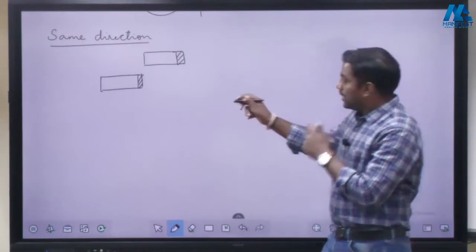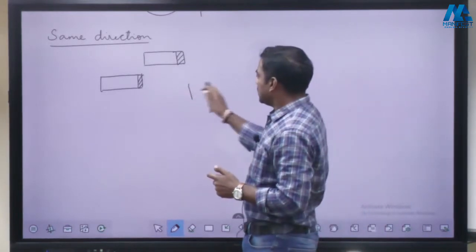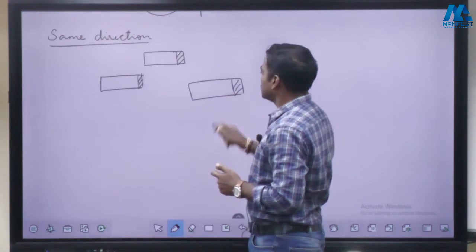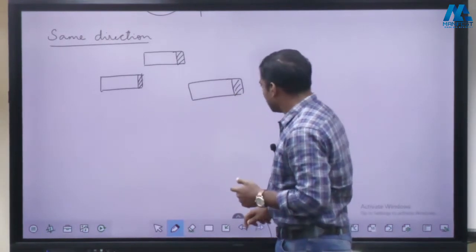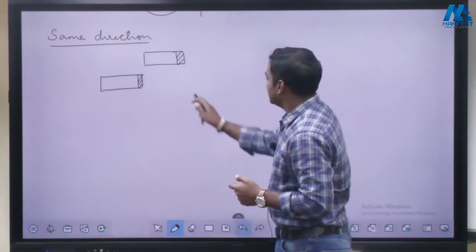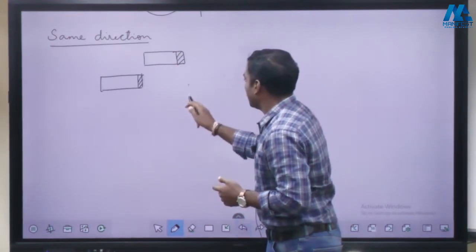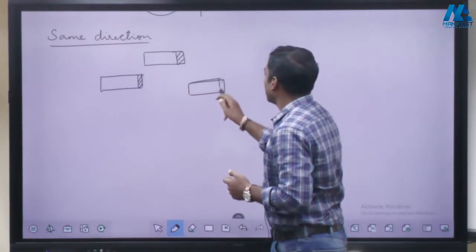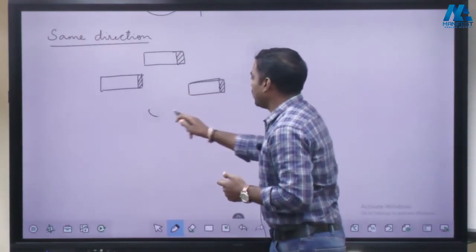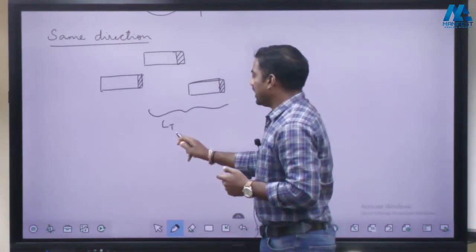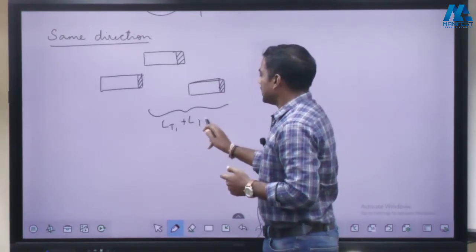Okay, here, by the time it crosses, it has become a different train altogether. So the effective distance covered is again length of train 1 plus length of train 2.